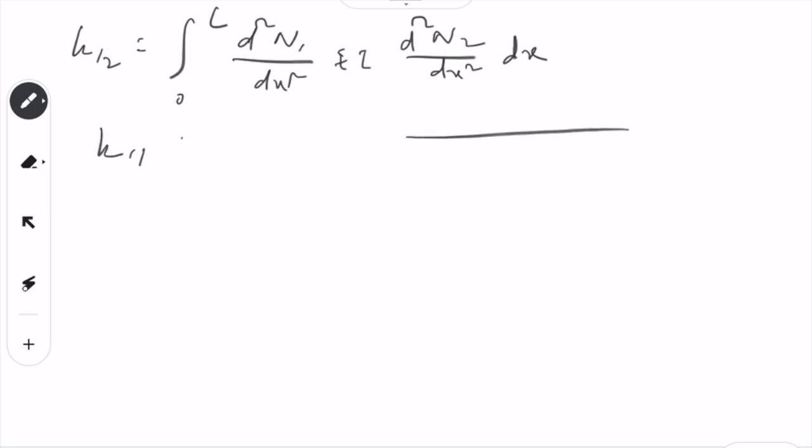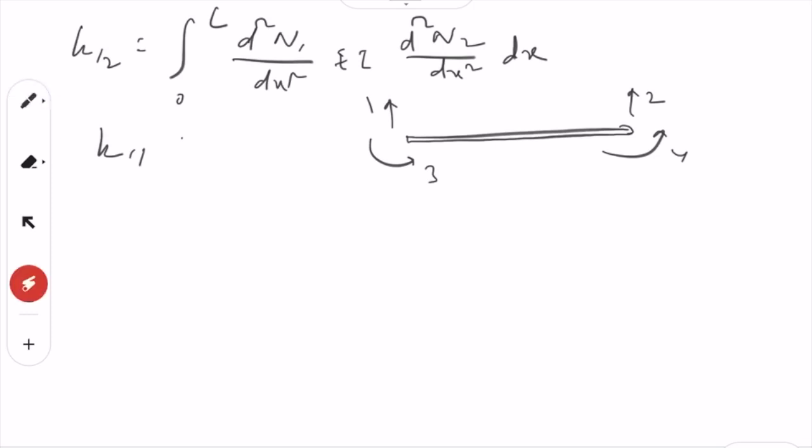This is a beam and your degrees of freedom are 1 here, 2 here, 3 here and 4 here. That's how we assumed, right? Now, K11 is when you apply a unit displacement here and fix all the others.